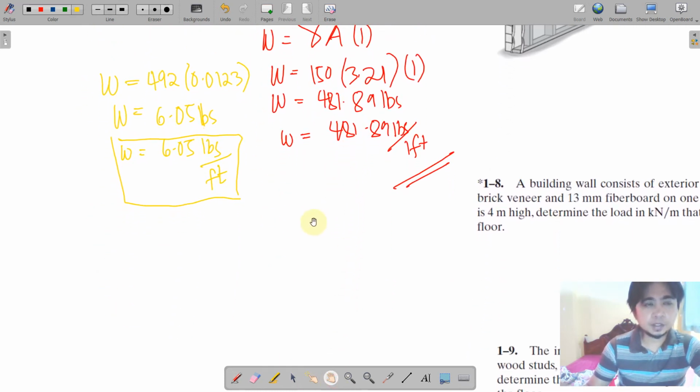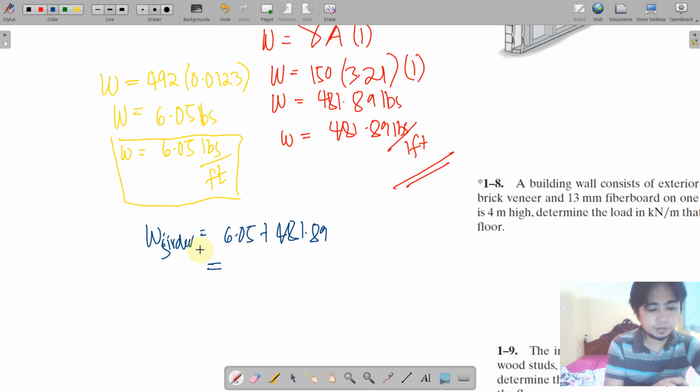So as for the summation, the total load of the girder, so the weight of the girder, is equal to 6.05 plus 481.89. We have 487.94 pounds.